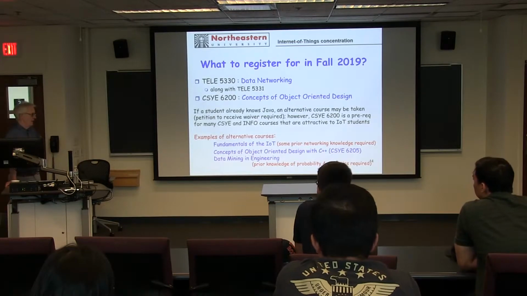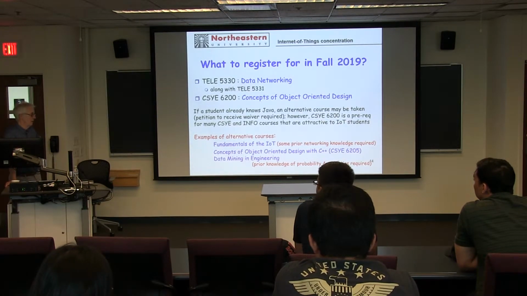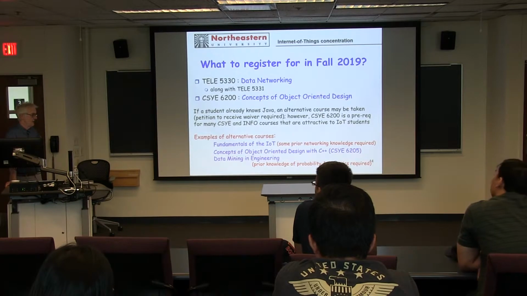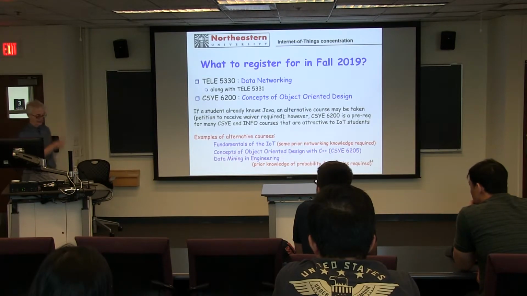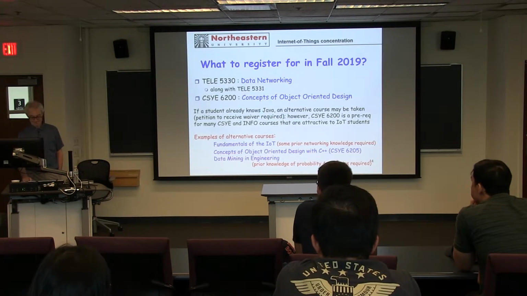As I mentioned before, I think they require some prior knowledge of probability, which probably most of you have. So usually, if there's a prerequisite there, they'll waive it for you if you have that knowledge. But these are some options if you did not want to take those two courses. But that's what I recommend.